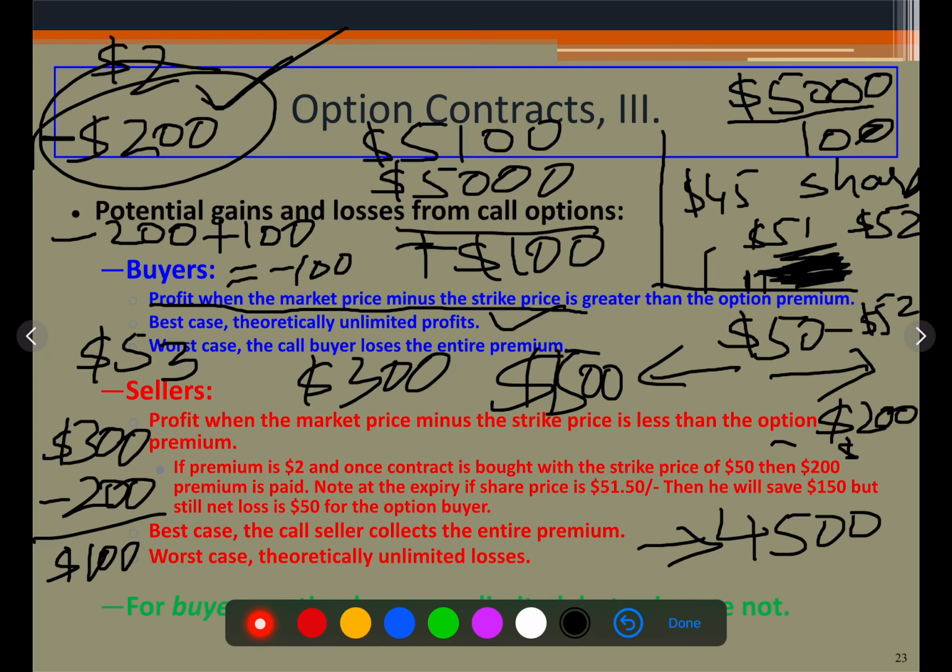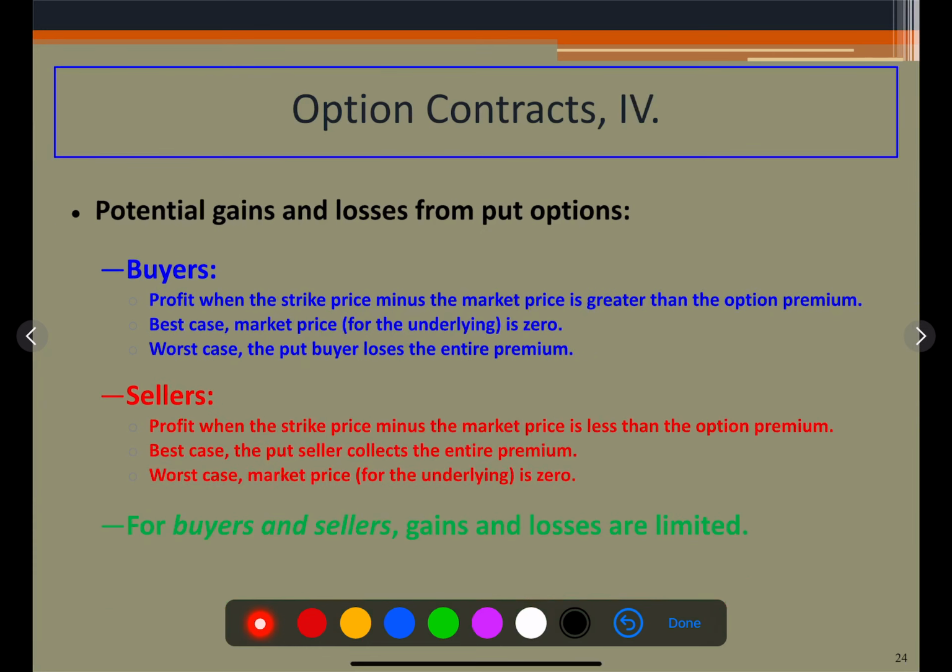Now let's move to the other contract, which is the put option contract. In that case, the things are opposite. Now the buyer of the put option contract is, for some students, a bit tricky. He's buying this put option contract, but it is giving him the right to sell, rather than to buy, the underlying asset. Right to sell.